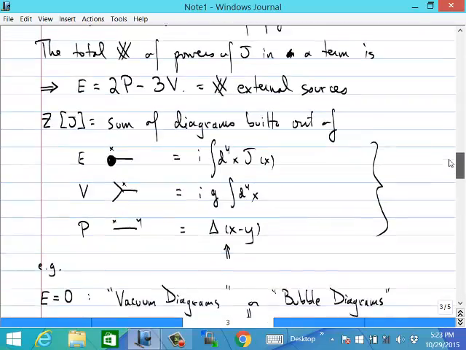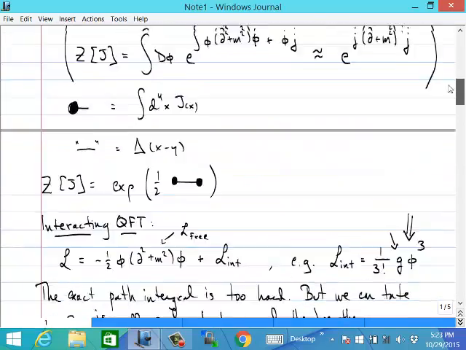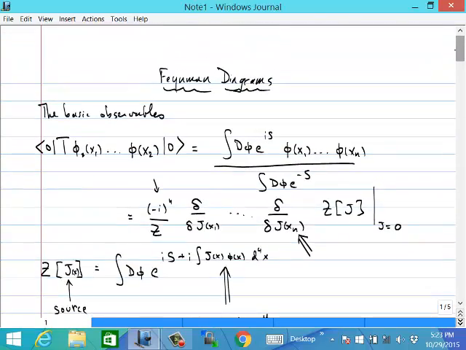But one of the things that I'll comment on, just very quickly, is that when we computed these vacuum diagrams, for example, you're getting a contribution to Z at J equals 0. And at the end of the day, remember, our instructions are to divide out by Z at J equal to 0. So all of the vacuum diagrams are going to end up canceling out.